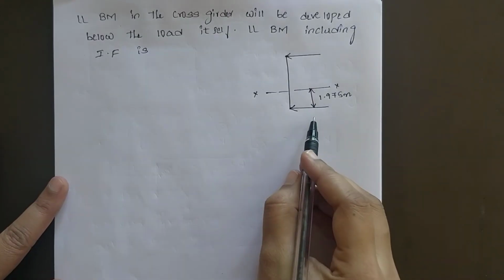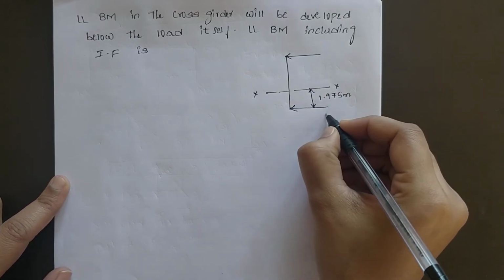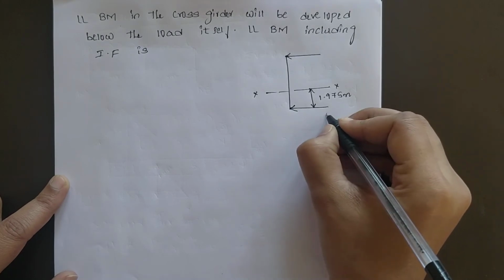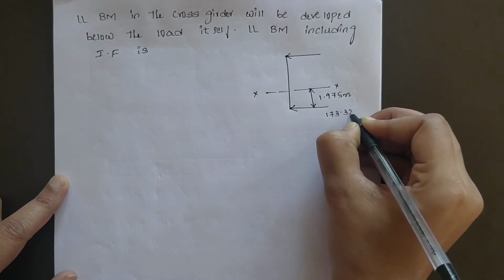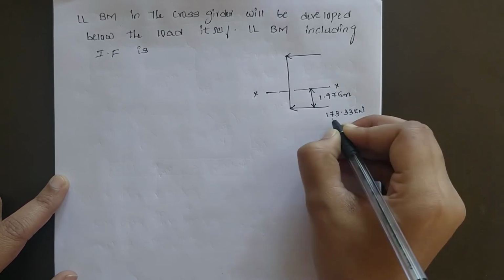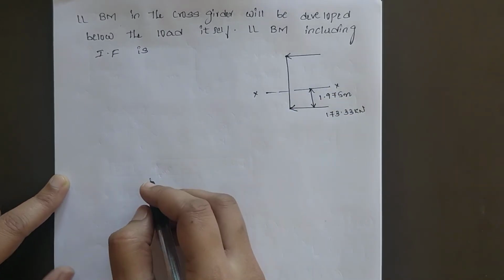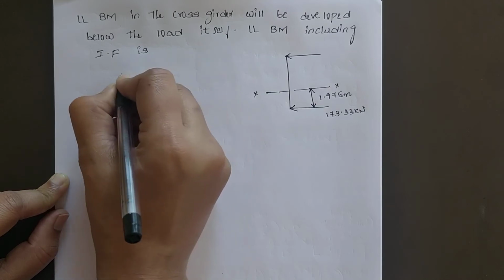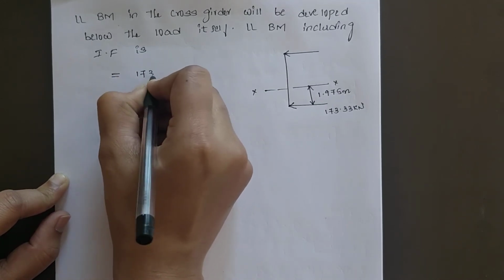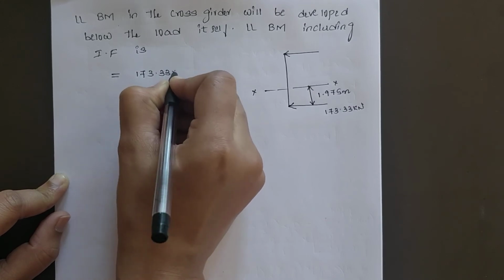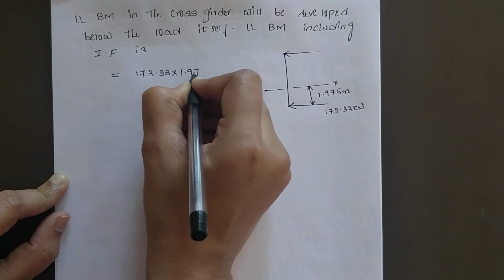The magnitude of this reaction on this longitudinal girder you have calculated, that is 173.33 kilonewton. Take moment of this reaction with respect to the x-axis line. That will be your live load bending moment with impact factor, that is 173.33 into 1.975.